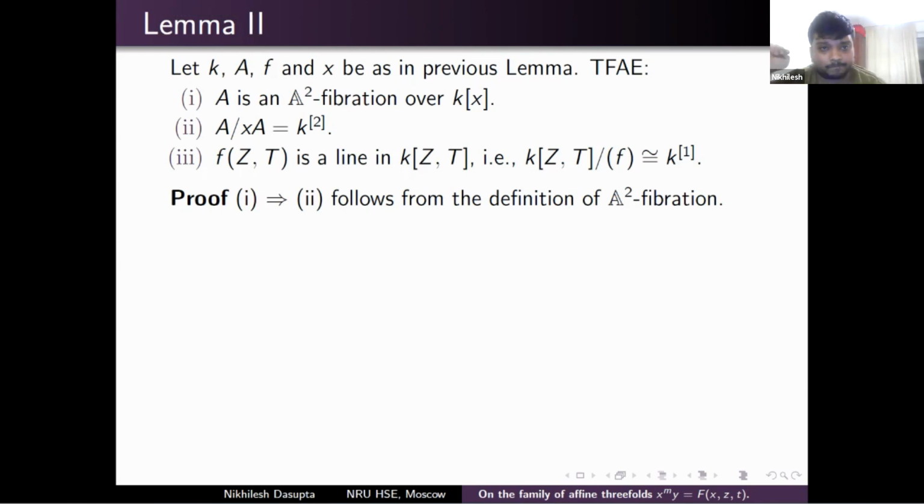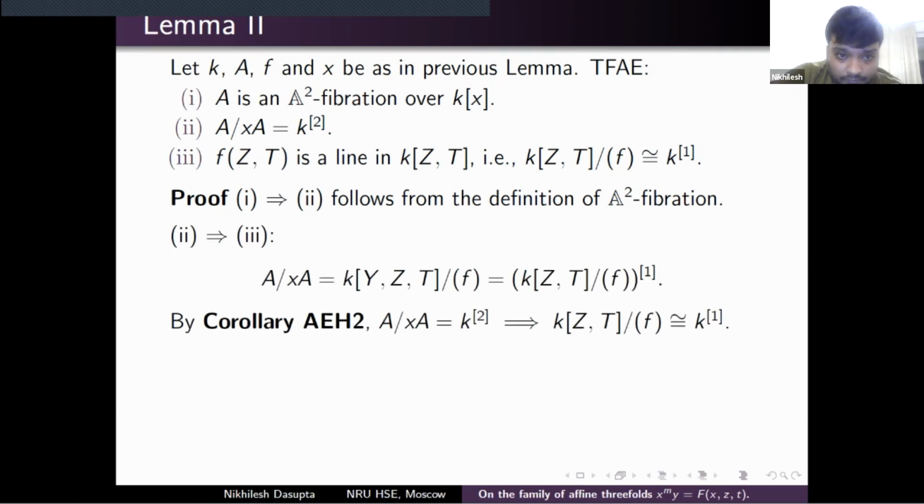K_P is K. So we will have A mod XA after tensoring, and that will be K^2. It's just that if you write it down and do a little bit more commutative algebra, 1 line or 2 lines, you will arrive at this. So being an A2 fibration implies this.